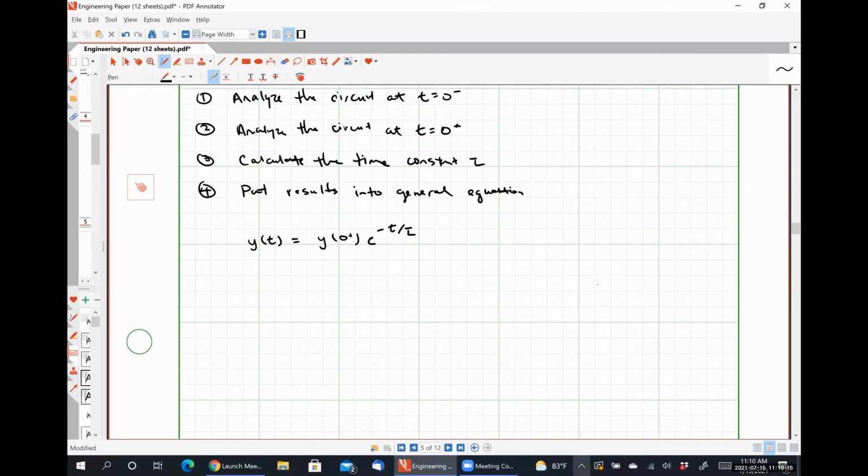So for instance, let's talk about an RL circuit, okay? So for a generic RL circuit, I'm just going to call this 100 ohms for the sake of argument.